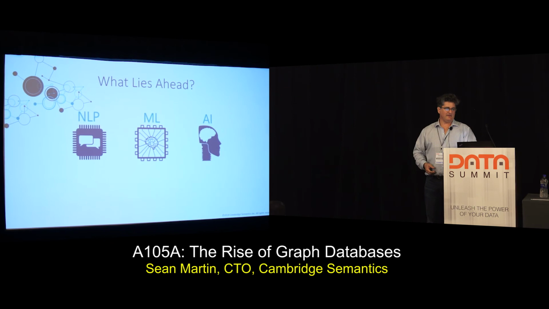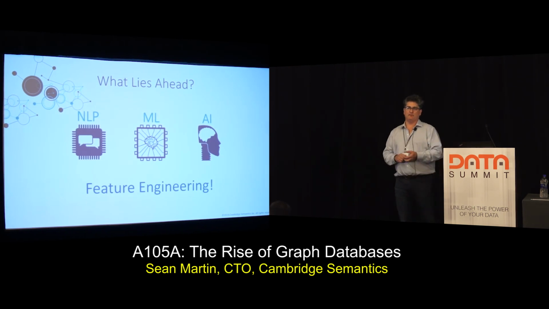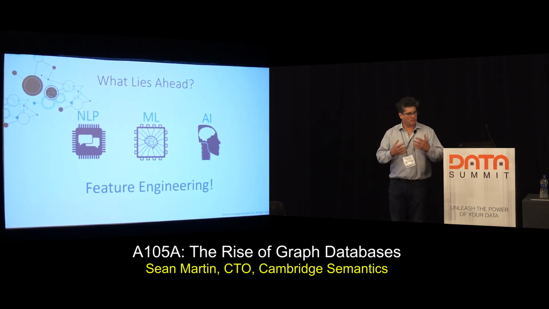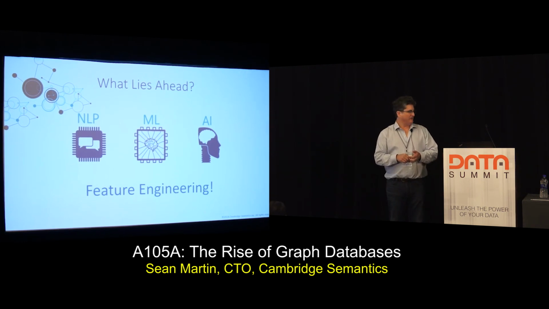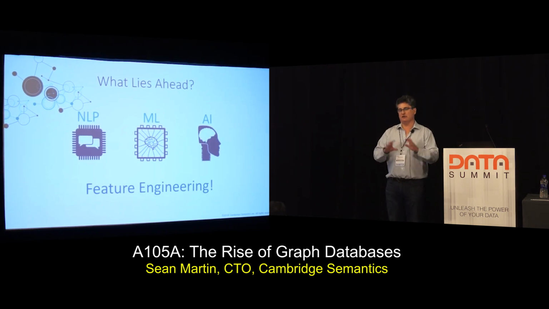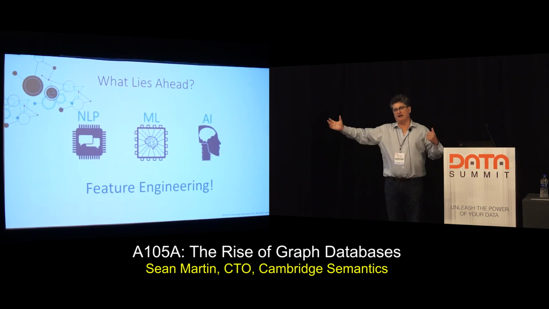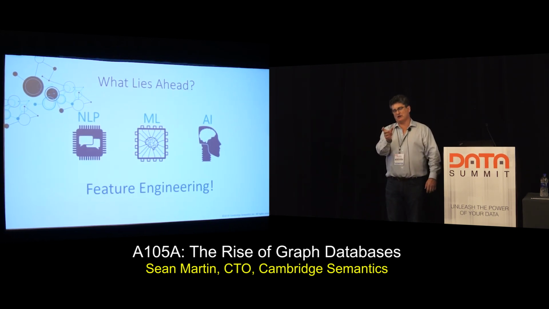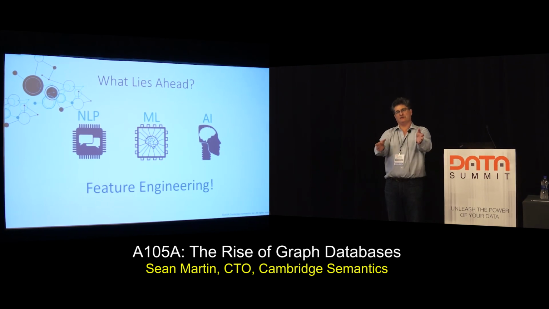So what lies ahead? I think one of the killer applications for graph that will accelerate its adoption is feature engineering for AI. One of the problems of ML is arranging your data in very wide tables where each column is some sort of aggregation that exposes some element of the underlying graph of connected data that you want to train a model on.